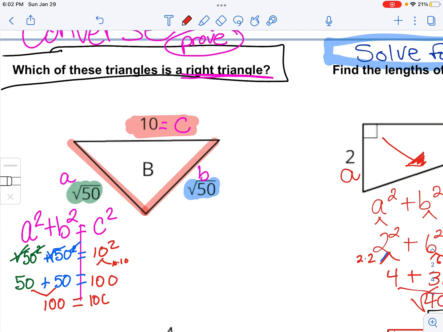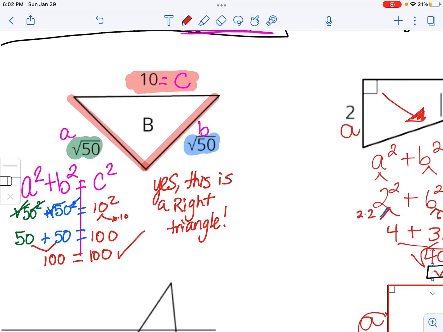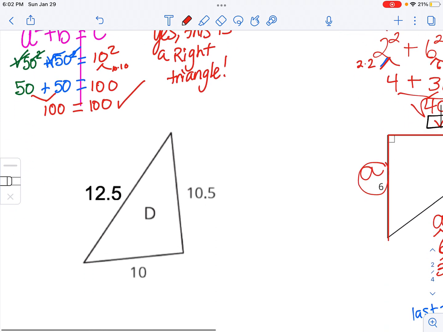So on both sides, I need 100 equals 100 for my answer to be yes. This is a right triangle. My work has to prove it. So my substitution is really important, and also finding which are the legs to equal your hypotenuse. Let's go to the next one.